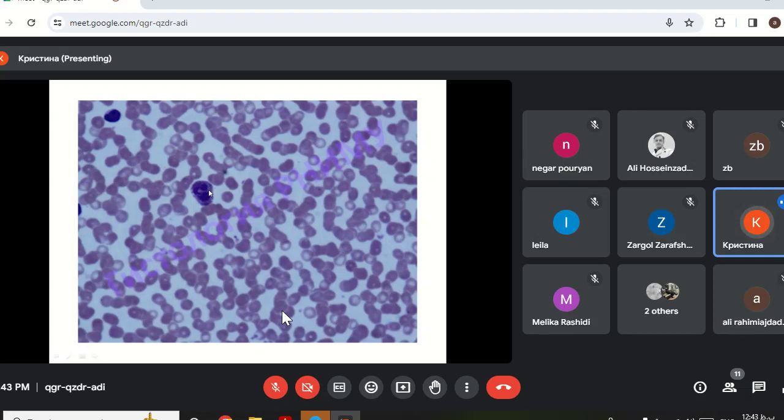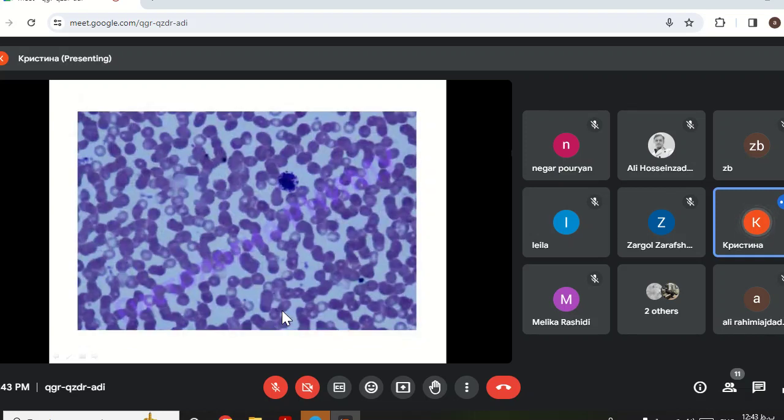If you think that granules are more basophilic, then you say that this is a basophil. I'm not sure about this particular picture. Here in this picture, this is absolutely basophil because it has basophilic granules and a nucleus with 2 segments.